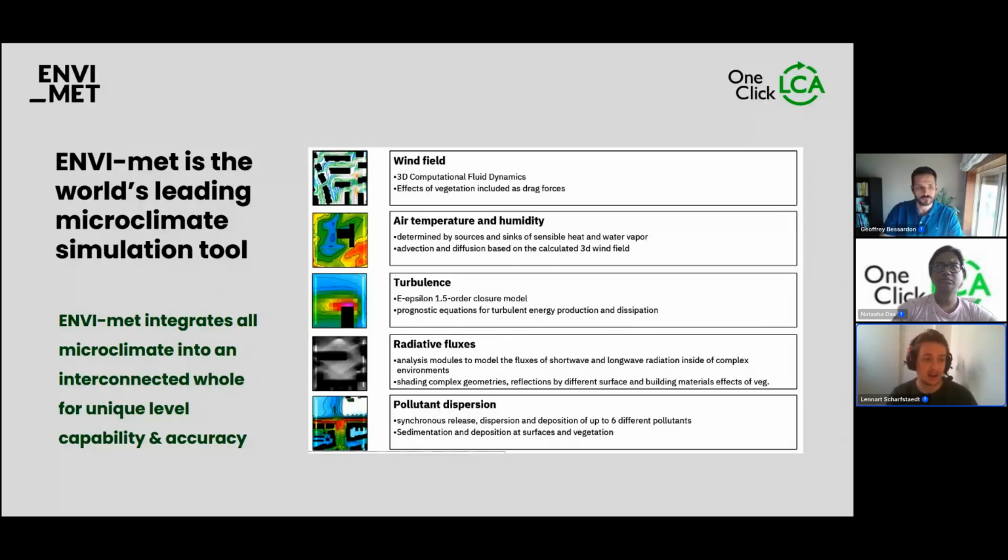Basically, we are calculating air temperature and humidity, which are determined by different sources and sinks of sensible heat and water vapor. Turbulences are being calculated, and also all the relevant radiative fluxes, short-wave and long-wave radiative fluxes, are being calculated in the model. And if you want, you can also simulate or calculate the pollutant dispersion, which we will have a look at in a second.